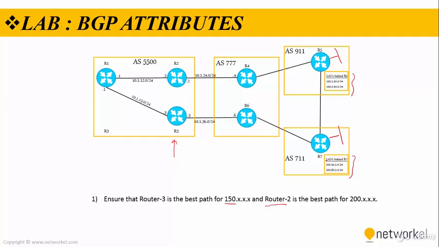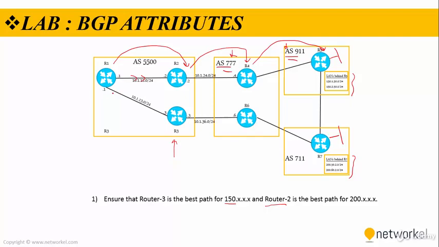Alright guys, as we know, if we don't configure any attribute on BGP, BGP behaves like RIP. So what BGP checks is just the AS path number that it passes through. Okay, if I want to reach AS 911 from router 1, the path I'm gonna use is here, here, and here, because I'm passing just 2 AS numbers, as you can see, this guy and this guy.